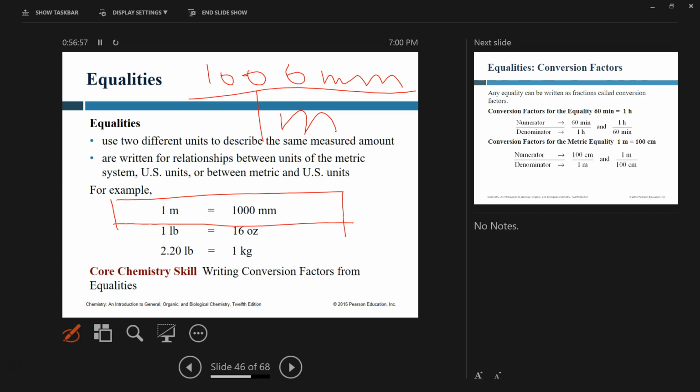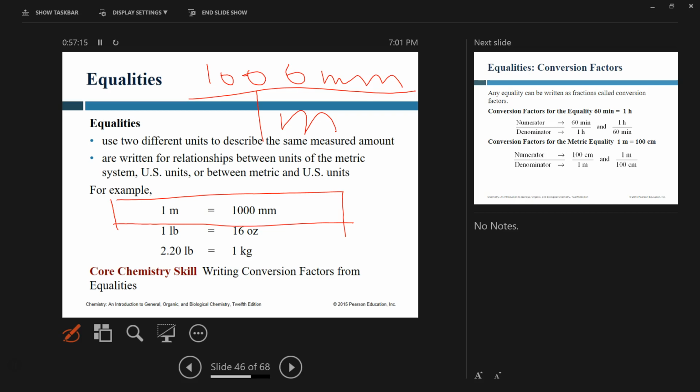It's going to be 10, 100, 1,000, maybe in the numerator, maybe in the denominator, but it's all going to be 10, 100, or 1,000. Does that make sense? Yeah. And this is the great advantage of the metric system.